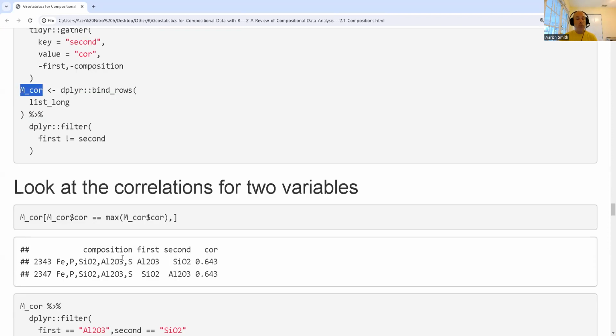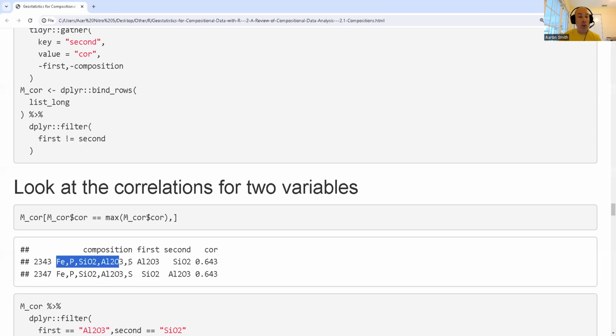The one I'm going to focus on here is going to be aluminum oxide (Al2O3) and silicon dioxide (SiO2). Here, the largest correlation in the entire data set is between these two, a correlation of 0.643. That looks pretty big, that looks statistically significant.